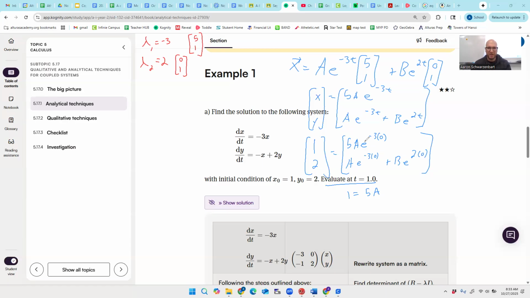Anything to the 0 is 1. So this whole thing becomes a 1. So I get 5a equals 1. And 2 equals a plus b. Good so far. So a equals 1/5. Now I can plug that in for the 2 equals a plus b and get b equals 9/5.